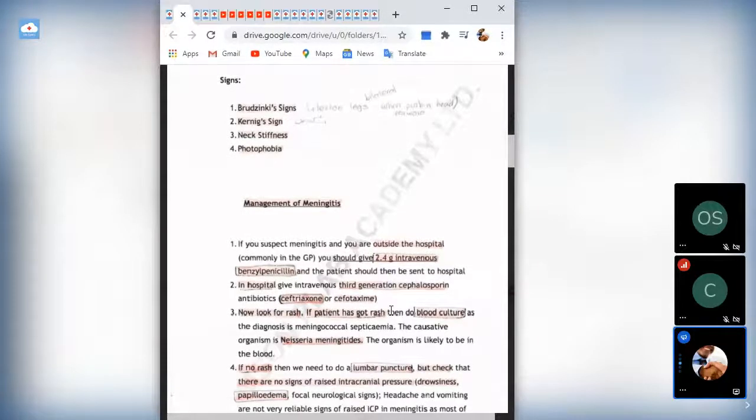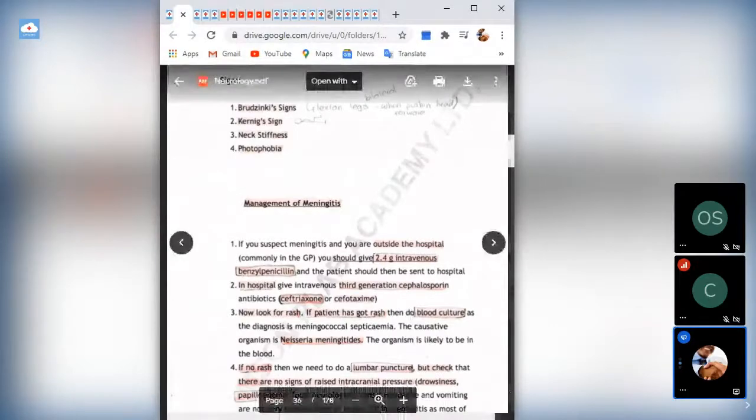So that's Kernig's sign. There's another one called Lasègue's sign. You can check out that one, but that one is essentially a modification of Kernig's sign.